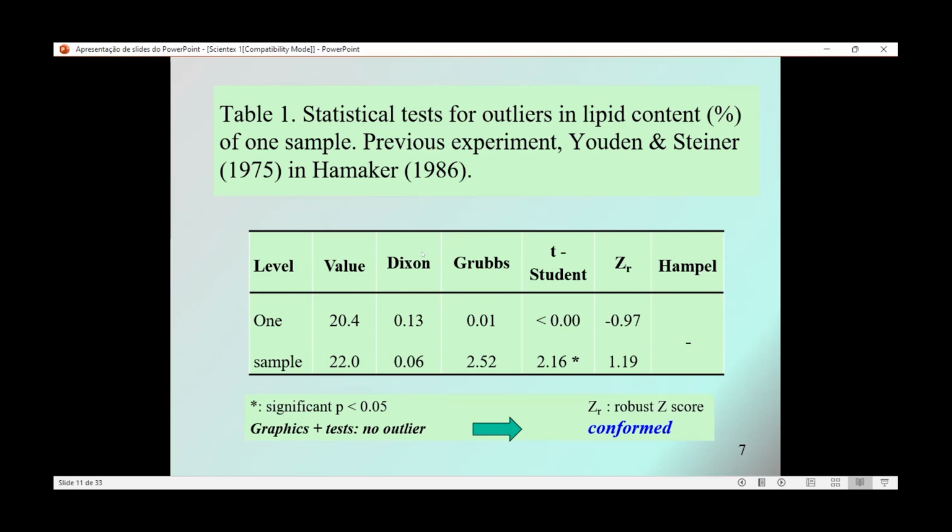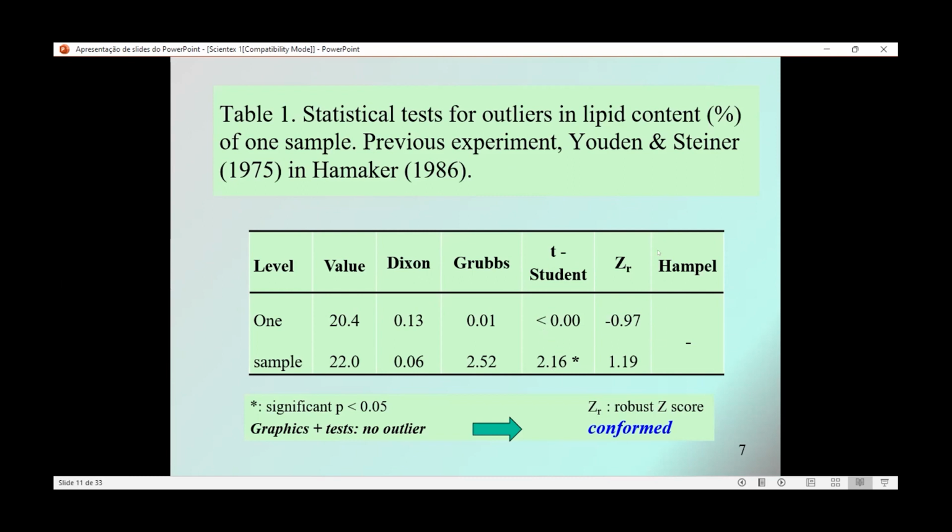The Dixon test indicated the absence of significant outliers. The same was observed by Grubbs, and the robust score Z here, ZR, did not indicate any outlier. However, Student's t did not corroborate them.